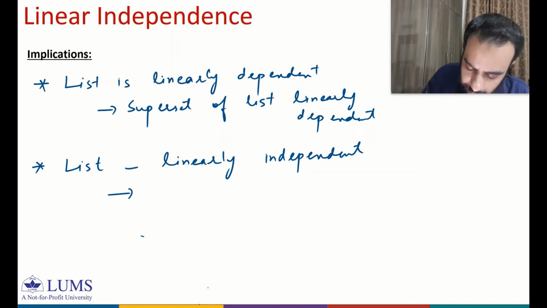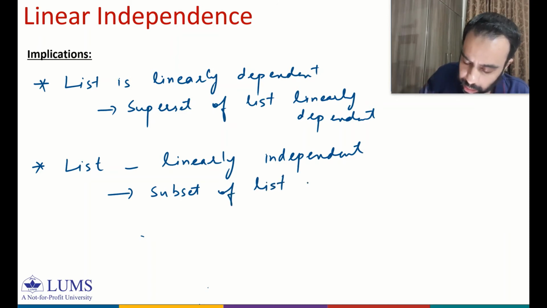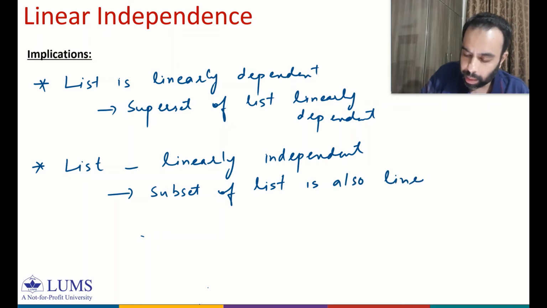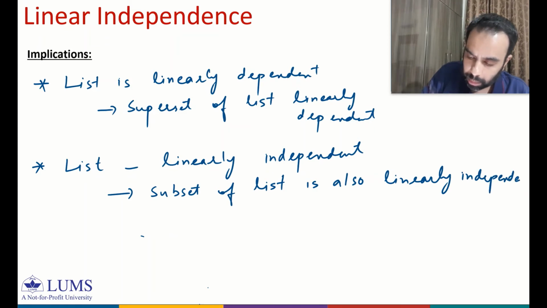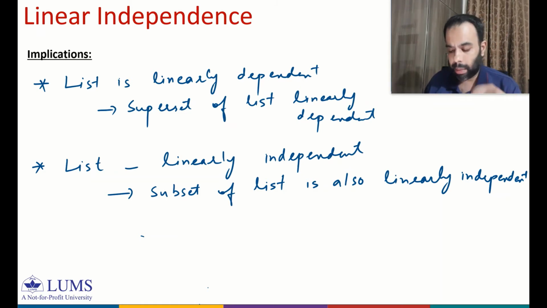So a subset of a linearly independent list is also linearly independent. Or we can say, simply, removing a vector from a linearly independent list preserves linear independence.